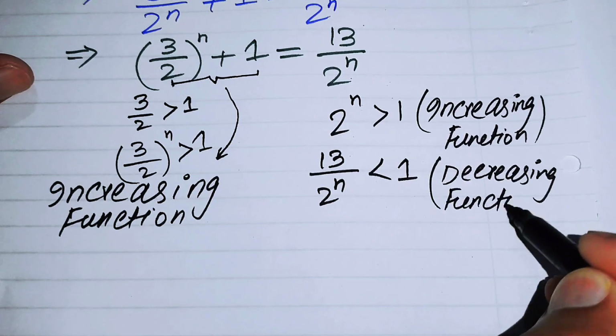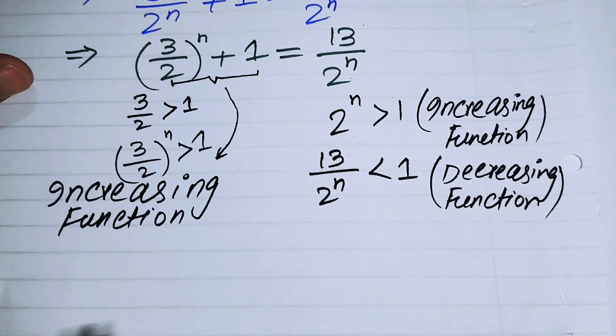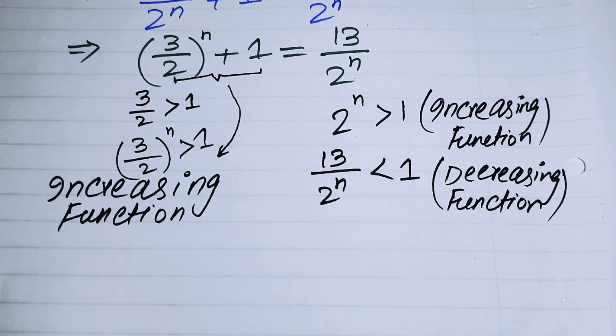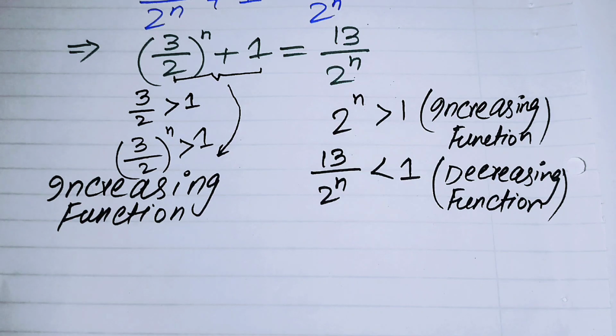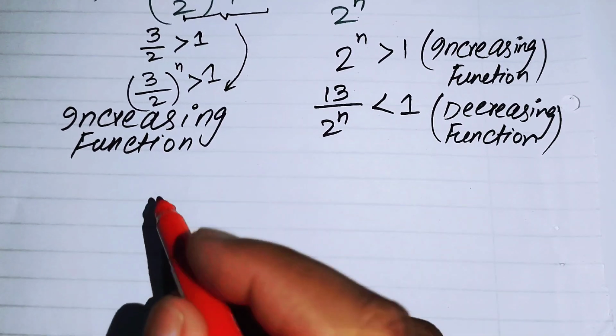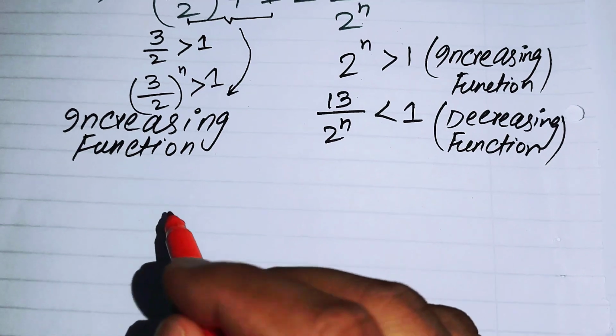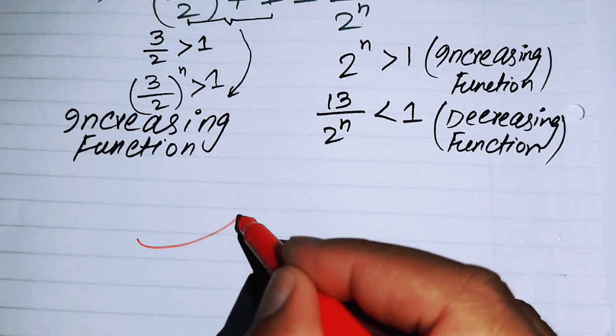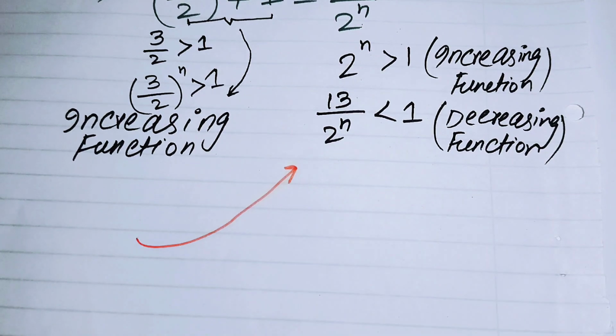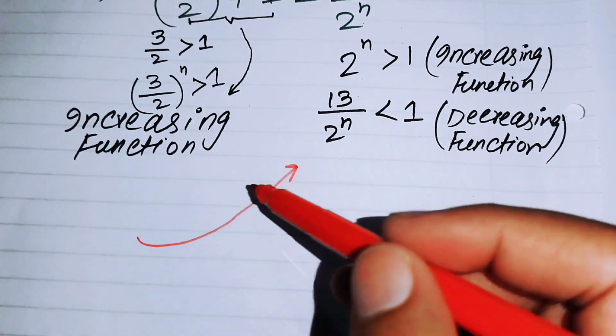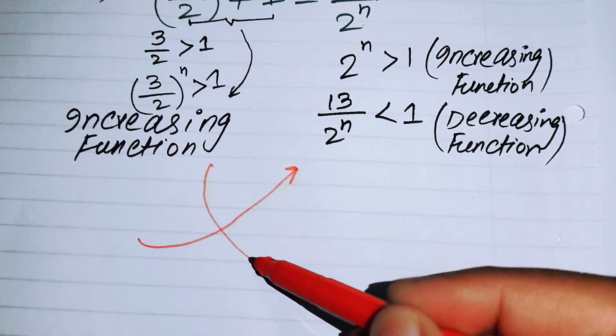And now we will compare both increasing and decreasing functions by visual representation. If I draw the graph of an increasing function and a decreasing function, the increasing function looks like this form. It always moves upward, and the decreasing function moves down.